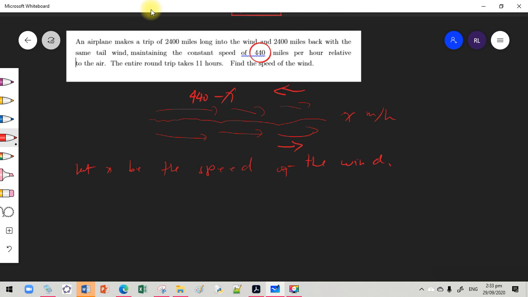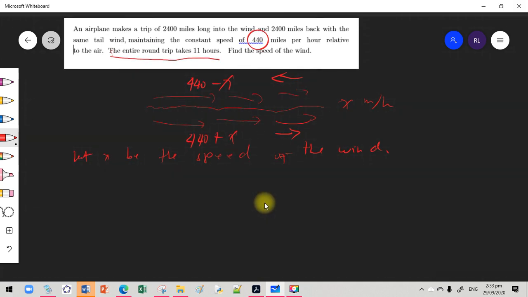Since this is along with the wind, it's like the downstream thing, and this one is like the upstream in our water-related problem a while ago. So we have here 440 plus the speed of the wind, which is x. Since it talks about time, we simply add the two.